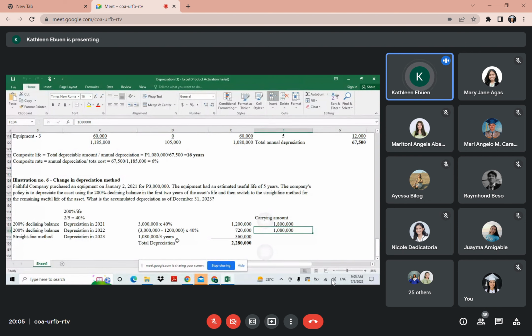So, 1,080,000 divided by 3 years, that is 360,000. So, sa 3rd year, 4th year at 5th year, 360,000 po yung depreciation. So, the answer for this one is 2,280,000. Pag-add nyo lang si total depreciation.